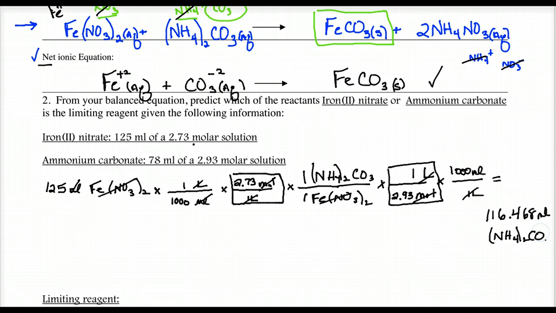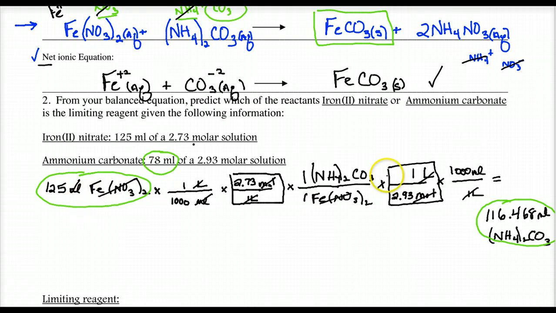What does that mean? Well, that means given the exact amount of iron nitrate, to completely use it up, I need to have at least that amount of ammonium carbonate. And guess what? I only have 78 milliliters of ammonium carbonate.